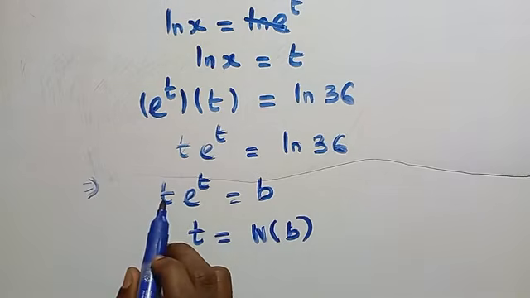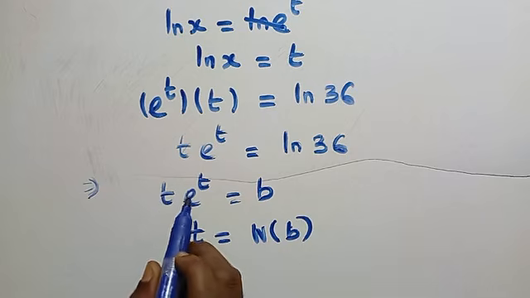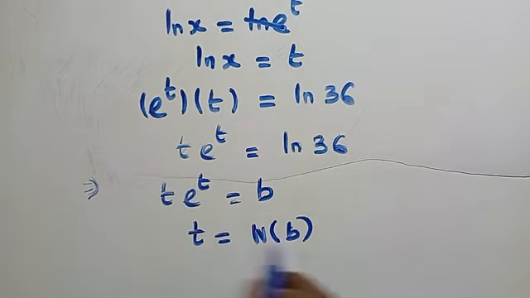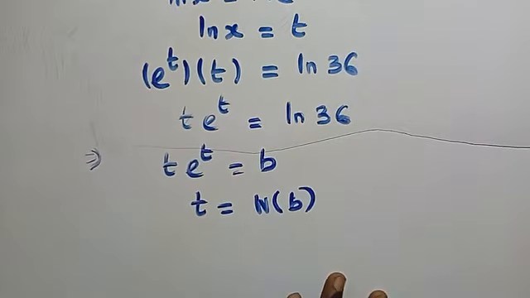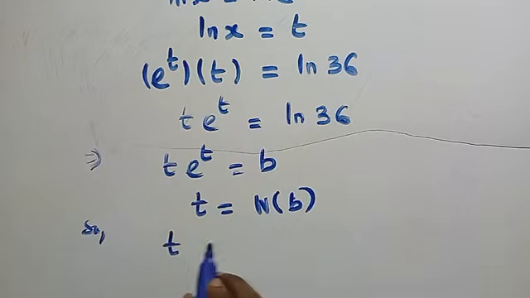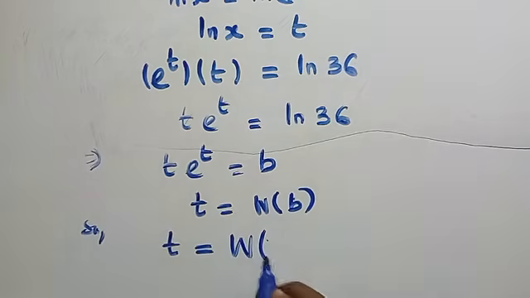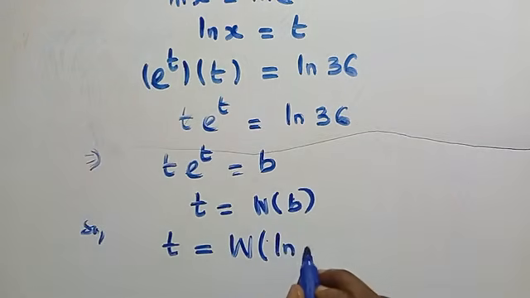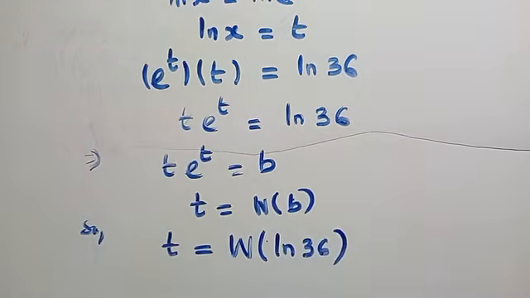That is, this coefficient of exponent and the power of exponent must be the same. That's only when we can apply this. And on getting this, we can now have the value of t here equals the Lambert function of b, which is just like our ln 36.